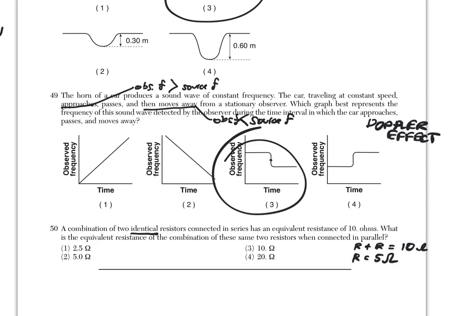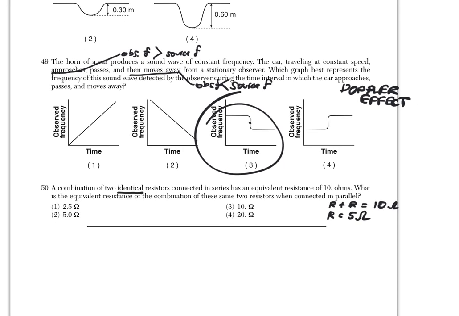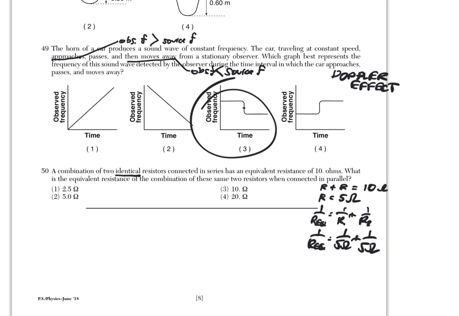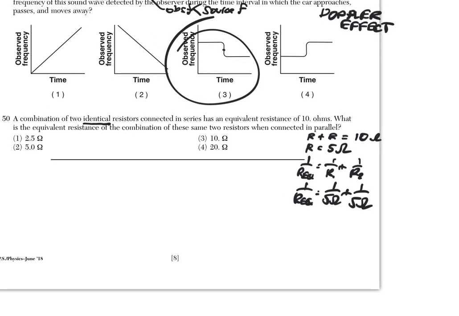And they're identical. So combined in parallel, 1 over Req is 1 over R1 plus 1 over R2. So 1 over Req is 1 over 5 ohms plus 1 over 5 ohms. So that's 2 over 5. Let me actually resolve this out because people get confused by this. 1 over Req is equal to 2 over 5.